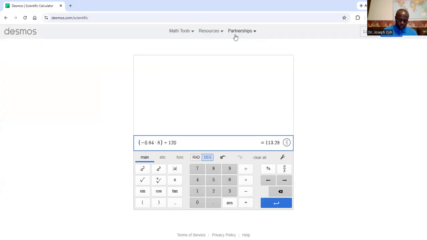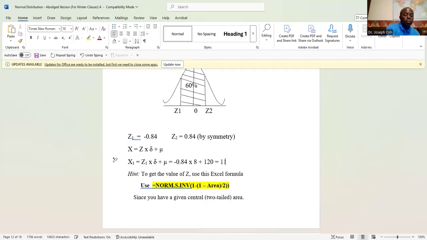Let's put it right there: 113.28 millimeters of mercury. That's how they measured, I think.